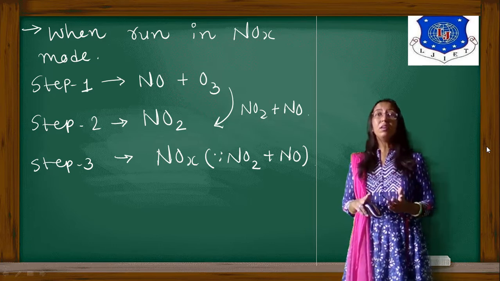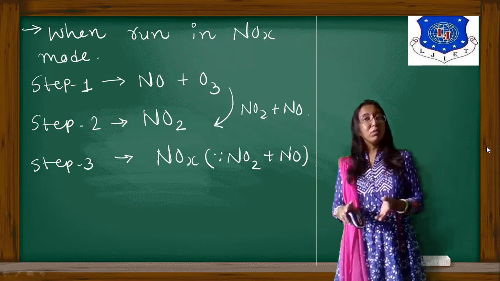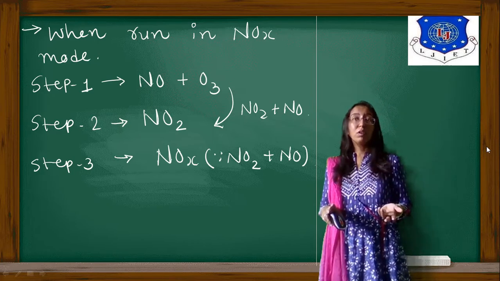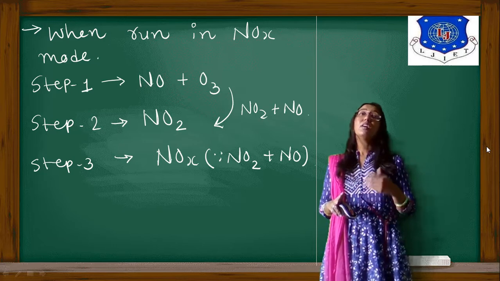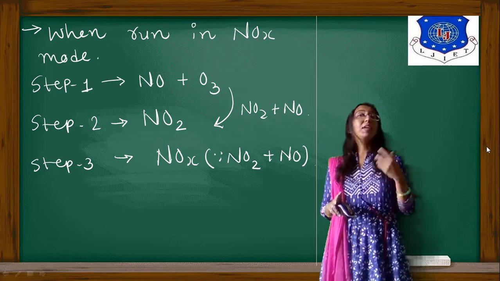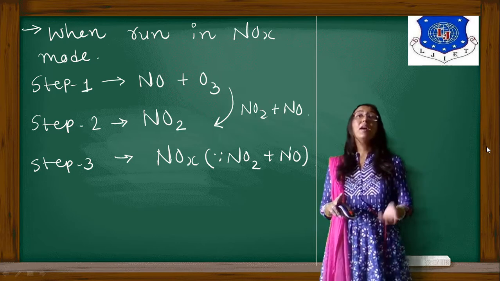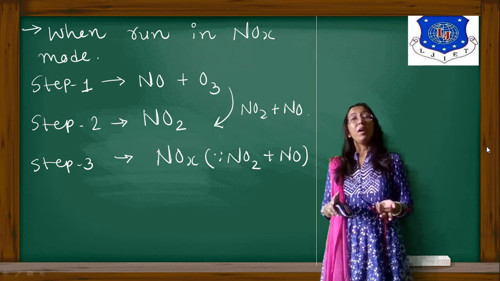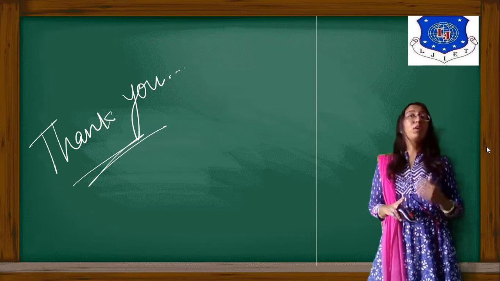And we know that NO2, CO2 and SO2 are pollutants. So we use different processes through which we can measure NOx, carbon monoxide and sulfur dioxide. Okay. Thank you for watching the video.